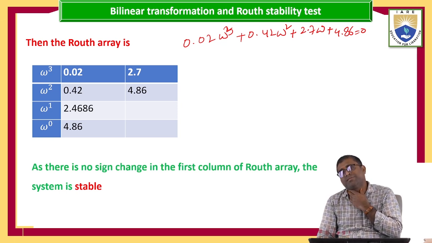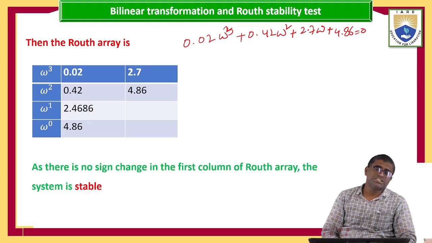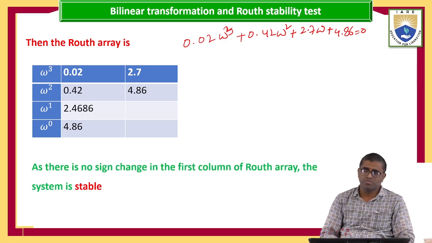Whereas in a digital control system, first convert into the omega form by putting z equal to 1 plus omega by 1 minus omega.